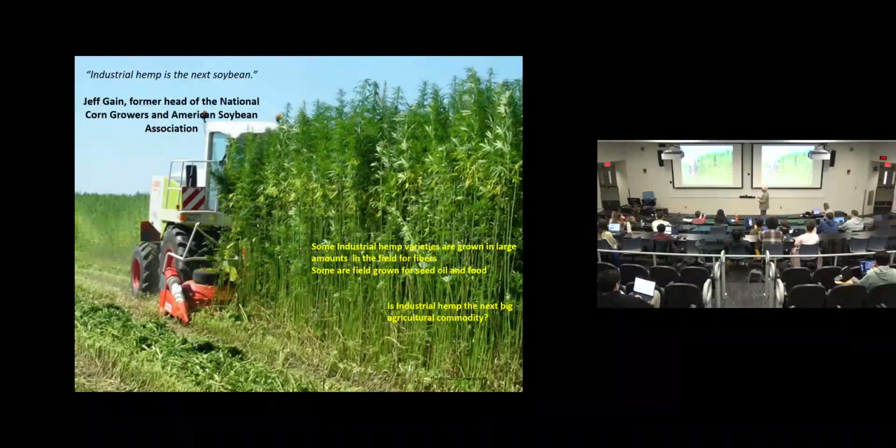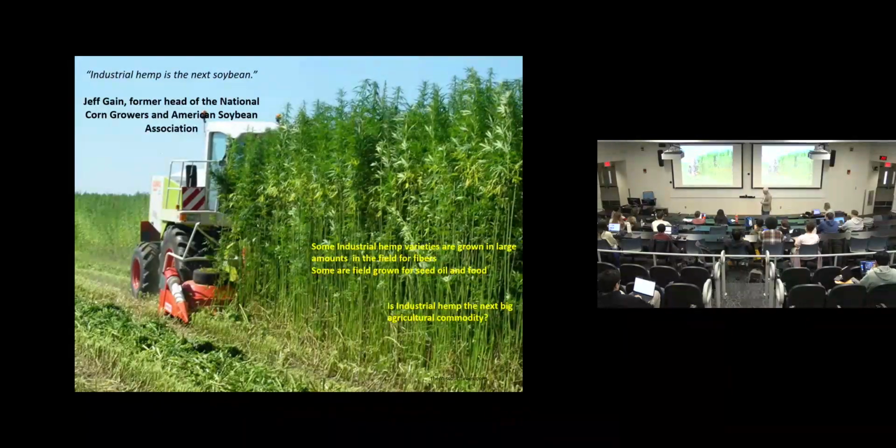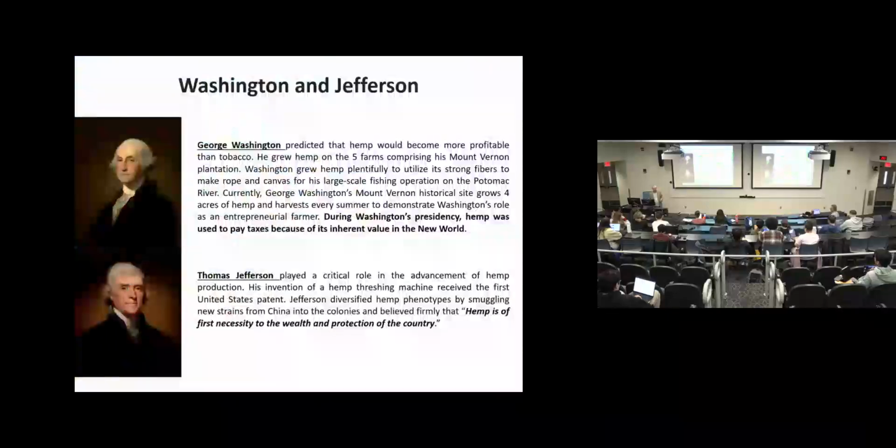So it's possible that hemp could be the next big agricultural commodity, if you grow it for food, if you grow it for fiber, all of these things. And this is completely removed from all of the chemistry, the medical and the recreational stuff. This is just agriculture, okay? So this is why, as I said at the beginning, I'm going to convince you that this is the most interesting plant on the planet by far.